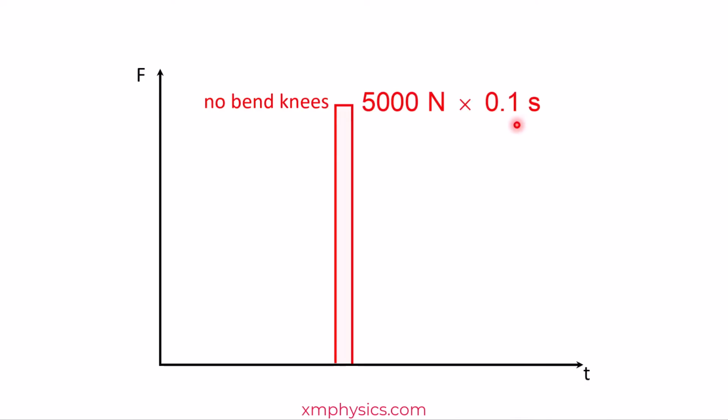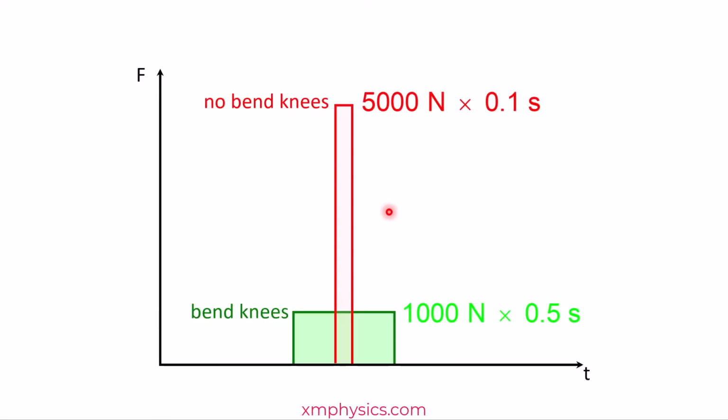But if the gymnast bends the knees, then the gymnast can extend the impact duration to, let's say, half a second, yeah? In that case, the impulse of 500 newton second is brought about by an impact force of 1000 newtons over a duration of 0.5 seconds.